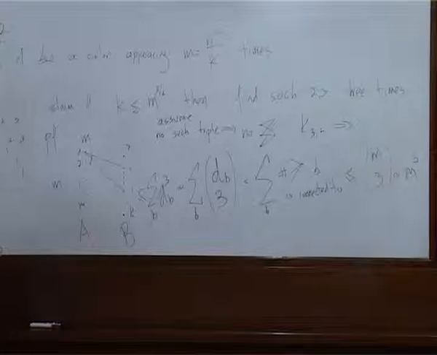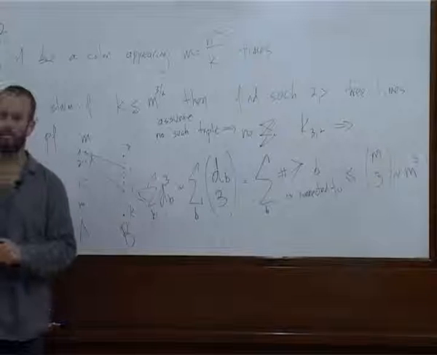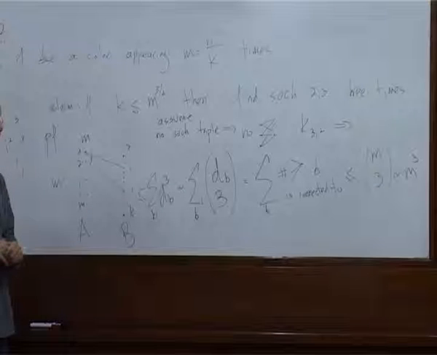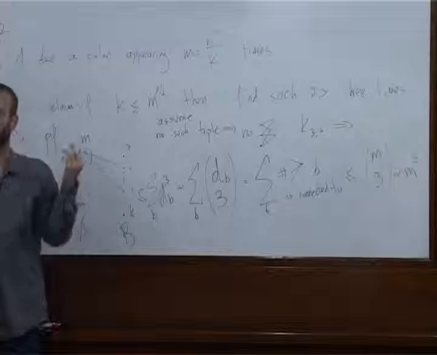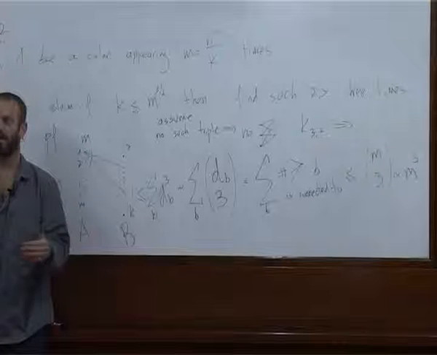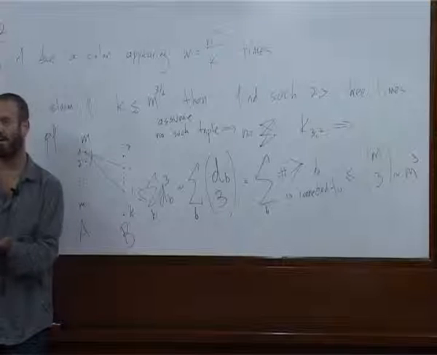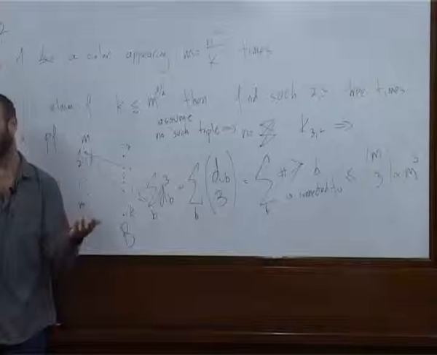But I don't know if this is the right way to prove lower bounds for non-commutative sequences. It's a way, and I think it gives nice questions that we can try to solve. I tried it.